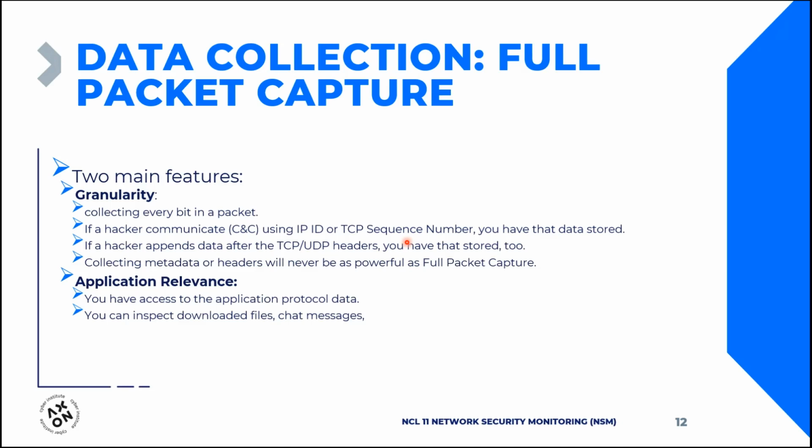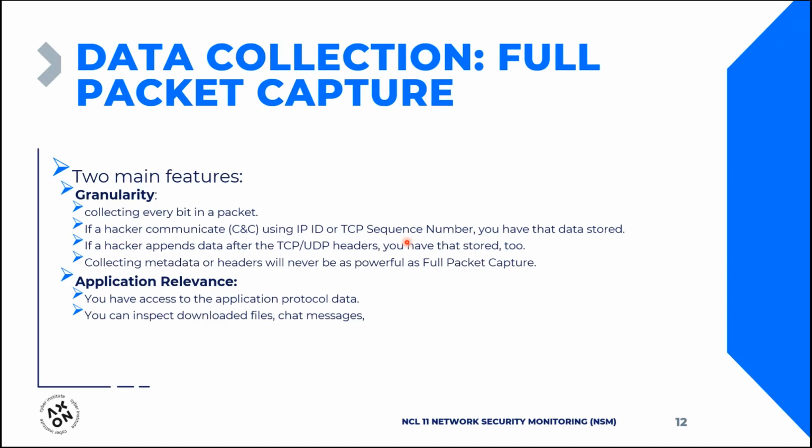But if you are implementing full packet capture, you can always go back to these saved packets and investigate the headers and the bits, and then at some point you can reverse exactly the intrusion that happened. So collecting metadata or simply relying on headers is not as complete or holistic as full packet capture.